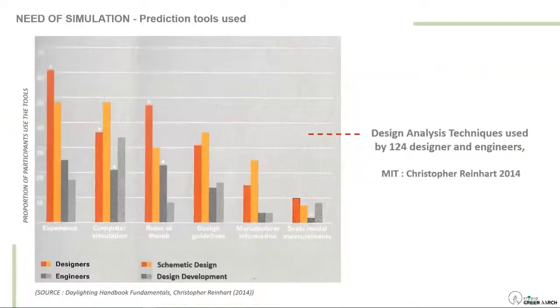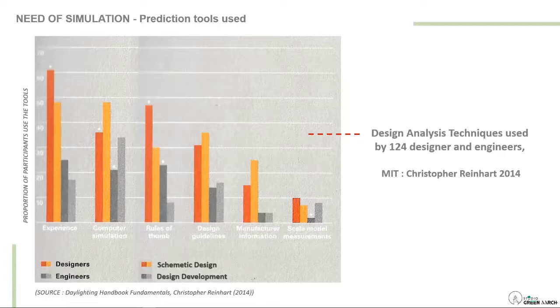So coming to the next slide, there are a lot of prediction tools already in our industry which have been used for years. For example, this is a very good paper I read, written by Christoph Reinhart. He is a building scientist and also the developer of the DIVA simulation tool, if you know that.